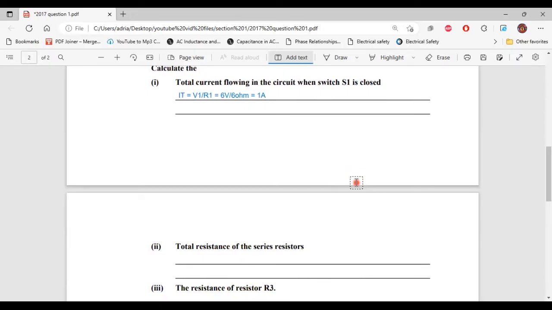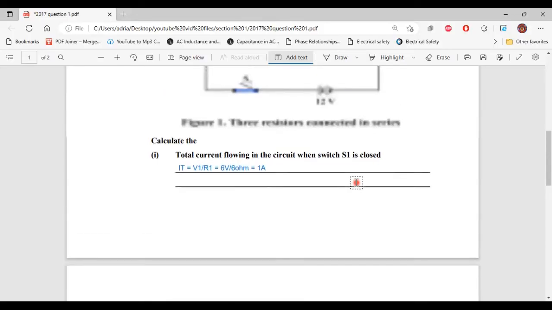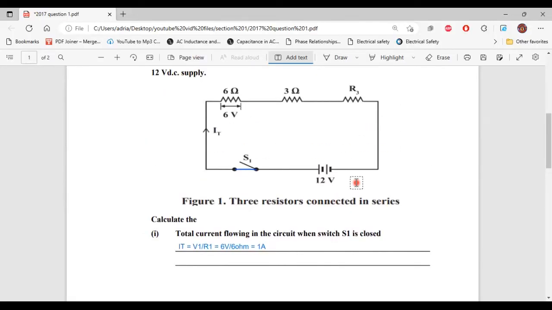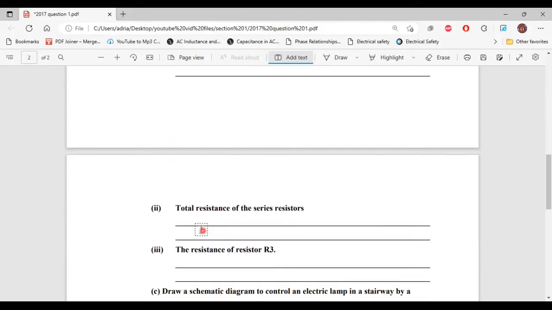It says to calculate the total resistance of the series resistors. Now, we have calculated the total current and we were given the total voltage. So it means that we can now calculate the total resistance.